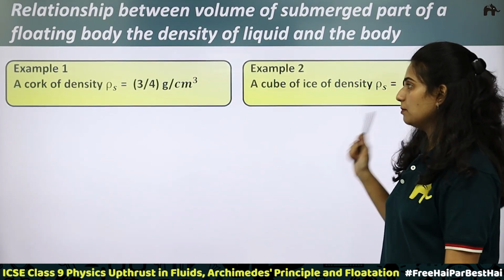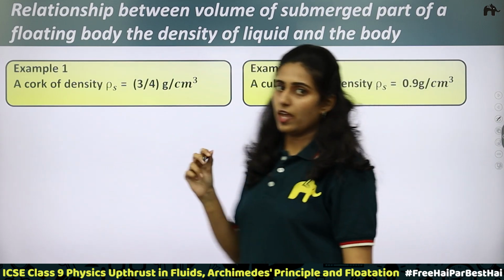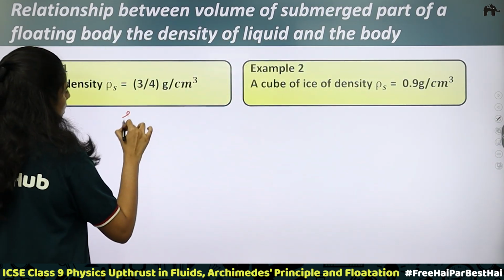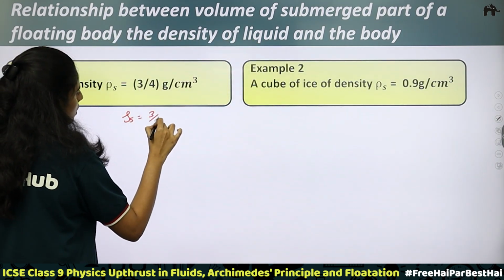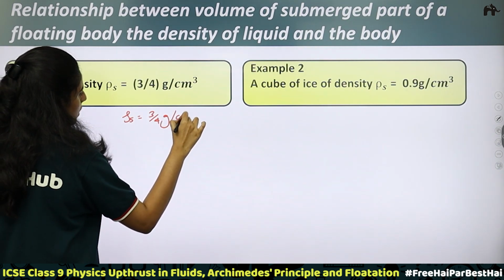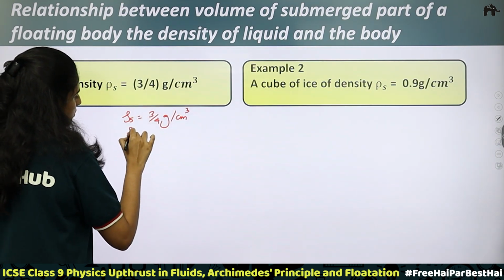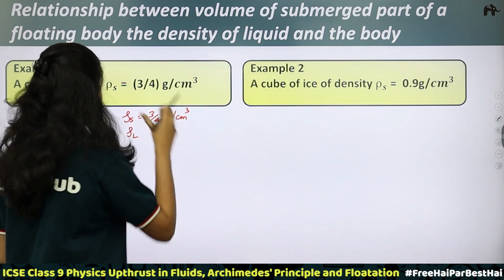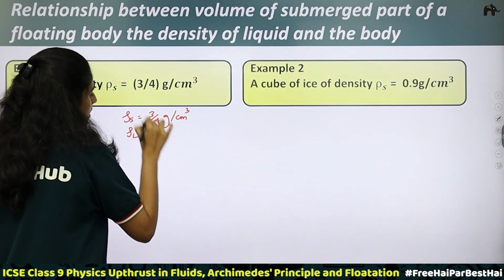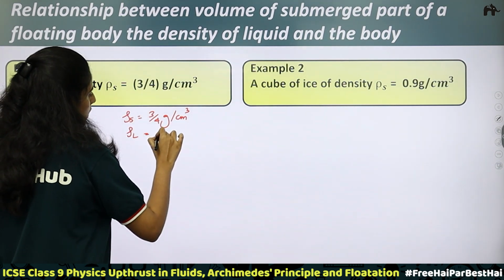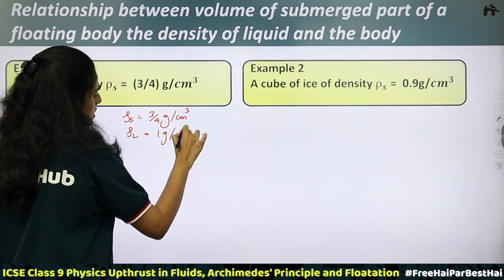Let us take two examples. A cork of density rho S equal to 3 by 4 gram per centimeter cube. We know the density of the liquid. What is the density of the liquid? If water is the liquid, then density of the liquid is equal to 1 gram per centimeter cube.